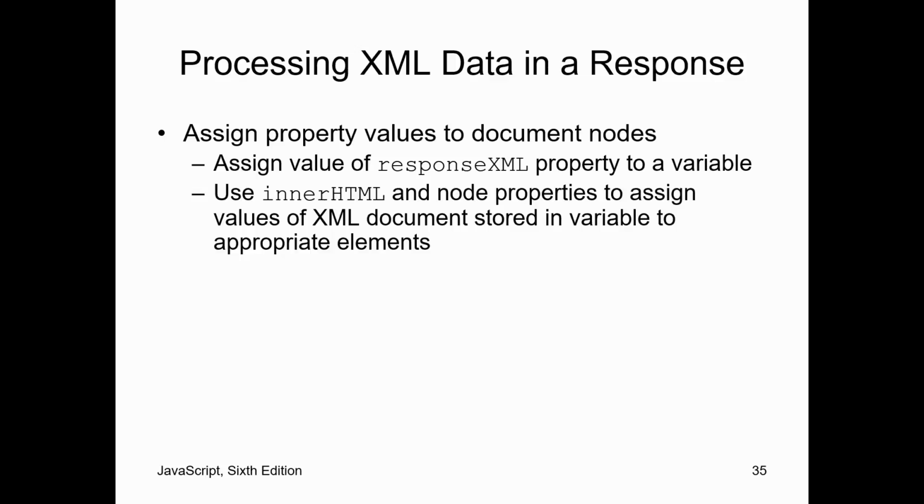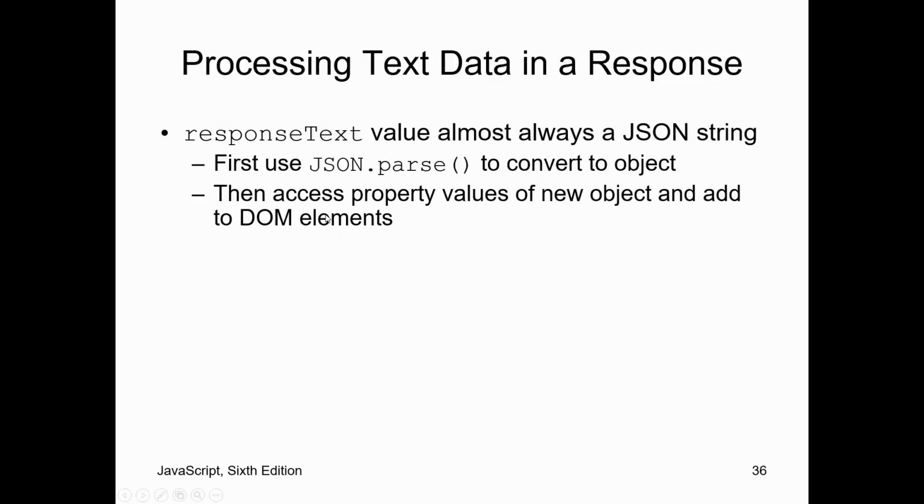So you can assign the value of response XML to a variable, use inner HTML, and look at what that response was. The response value is almost always a JavaScript object notation or JSON string. So you use parse to convert that string to an object, and if you have to go the other way, stringify, that we talked about before.